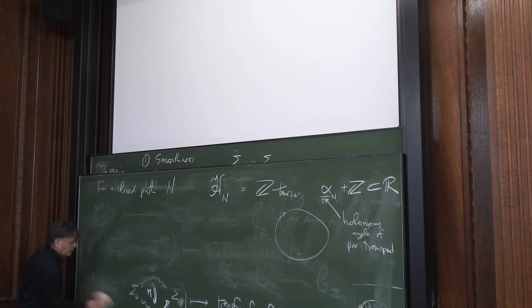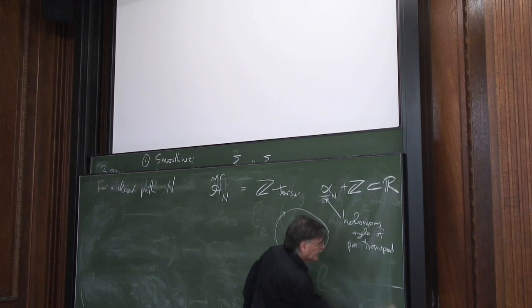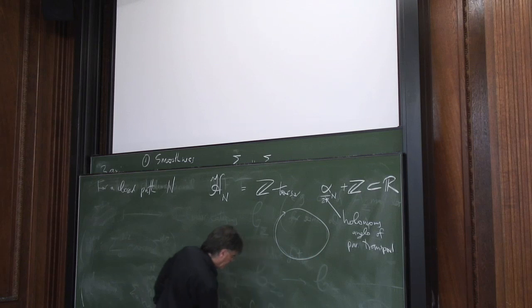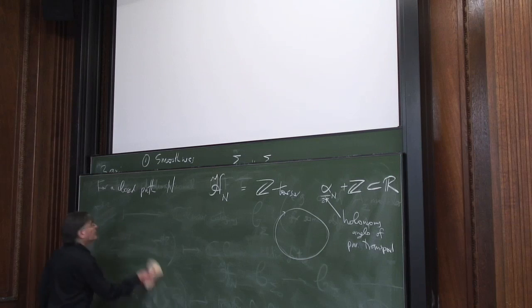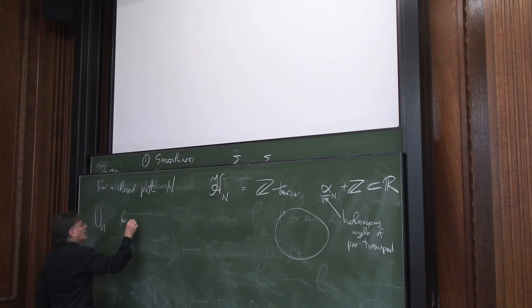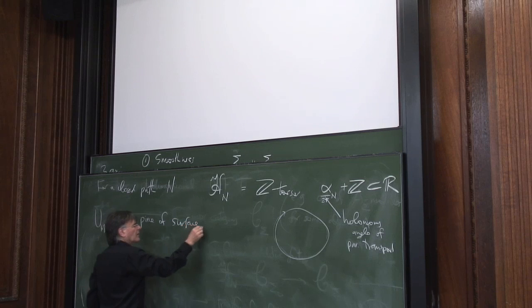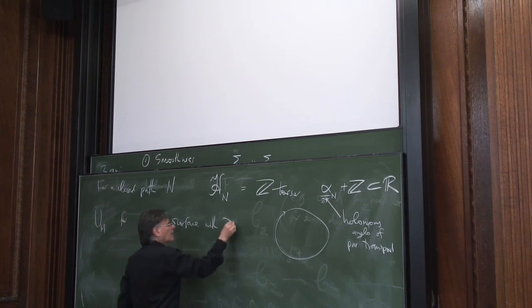Now, why is this a good thing? You see, remember what we're really trying to do. And finally, of course, what will it be for a surface with boundary, a piece of surface with boundary M?